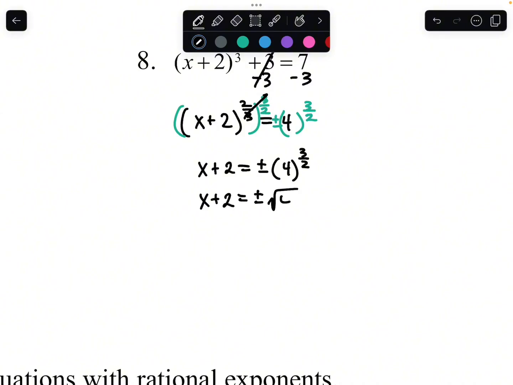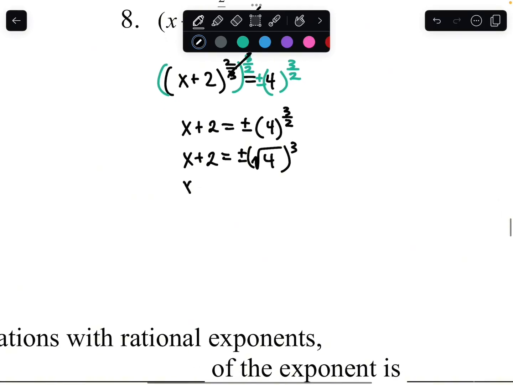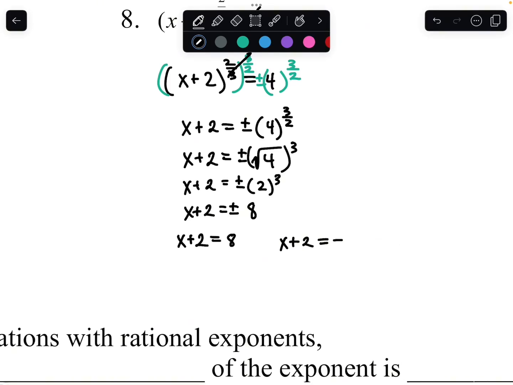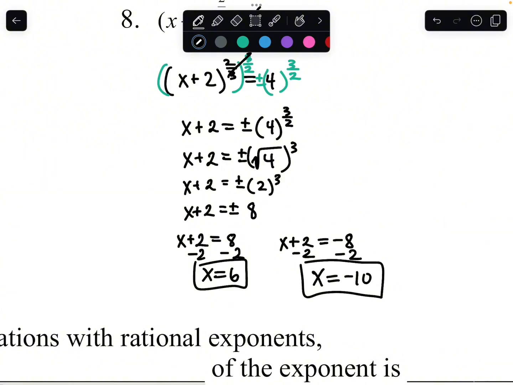You can rewrite that using a square root. The square root of 4 is 2. 2 cubed is 8. And so now we have to write our cases. We have the positive 8 and the negative 8. So x = 6 and x = -10.